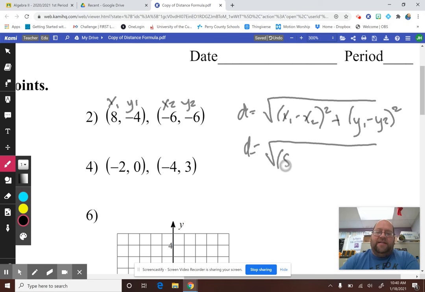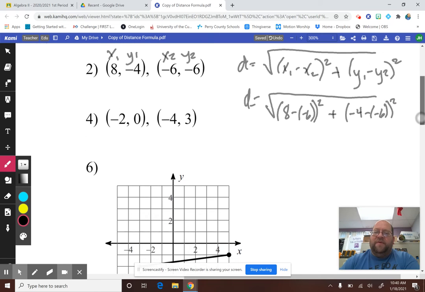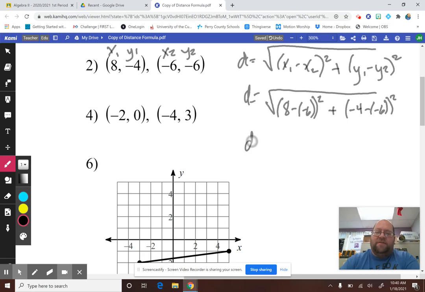We have 8 minus a -6, and I'm going to square that, plus I have -4 minus a -6. And I'm going to square that, okay? So stick with me. It's going to get easier, I promise.